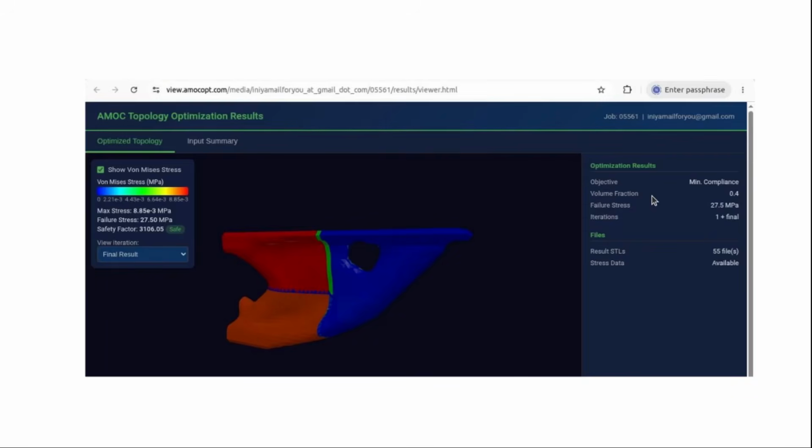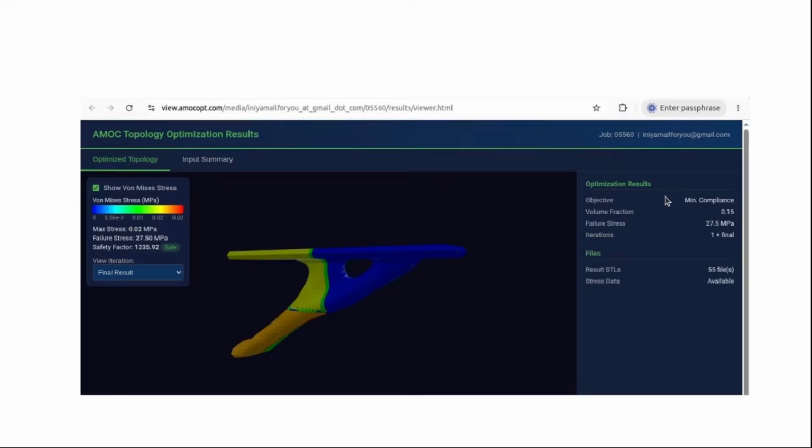Okay, let me try a volume fraction of 15%. So now I have an even lighter, thinner structure which has material along the load path, and 85% of the unwanted material has got removed. And still the safety factor is higher than 1, so the structure is safe.